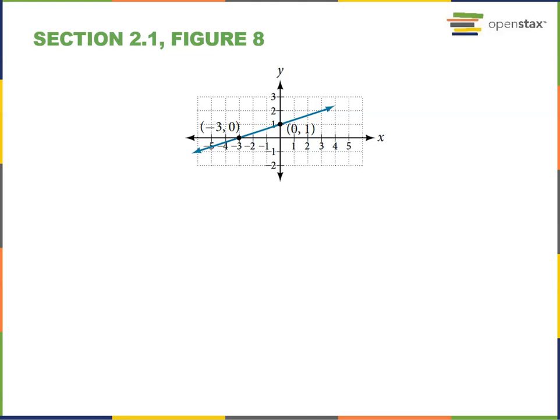Next one is, how about writing the equation of a line using 2 points? You see the 2 points here at (-3, 0) and (0, 1). We can solve for slope. I'm going to write the points here, (-3, 0), (0, 1).